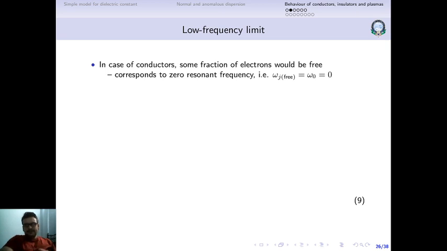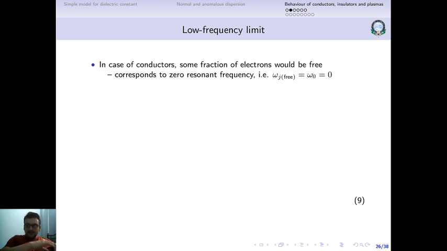Another way of looking at it is, if something does not oscillate, it will take an infinite amount of time to complete one cycle. Oscillation means there's a finite amount of time after which you come back and repeat the cycle. If you're free, you'll take an infinite amount of time to complete that cycle.